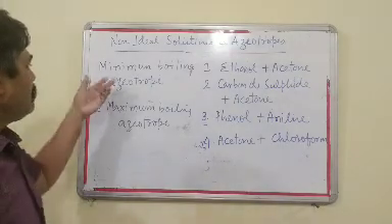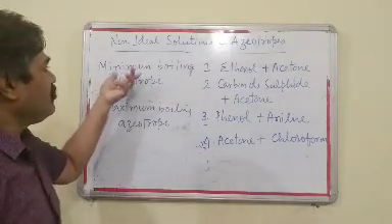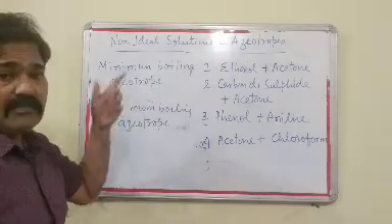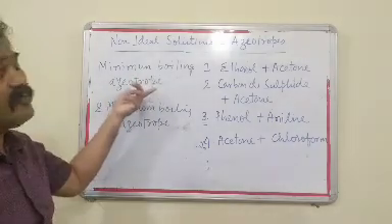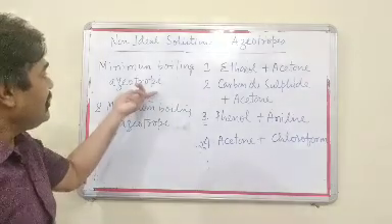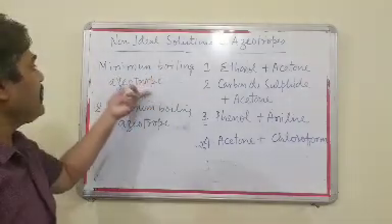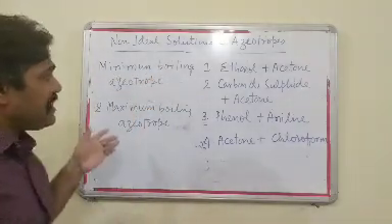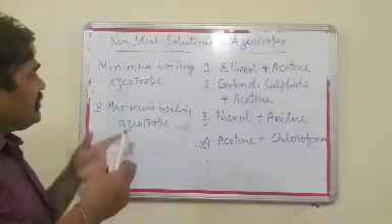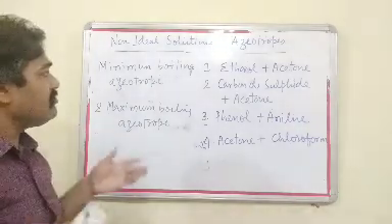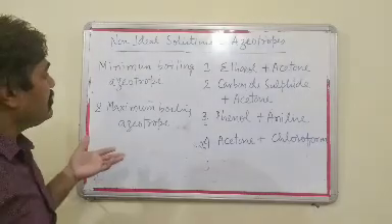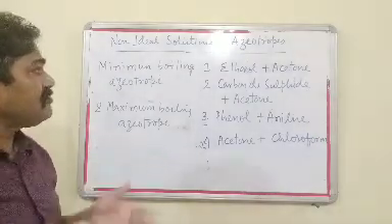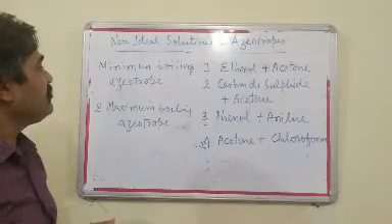Now, why are these called minimum boiling azeotrope? The solutions which show the positive deviation from the ideal behavior are called minimum boiling azeotrope because they have escaping tendency. The interaction among the solvent-solute molecules is lesser compared to the interaction between the solvent-solvent and the solute-solute molecules.